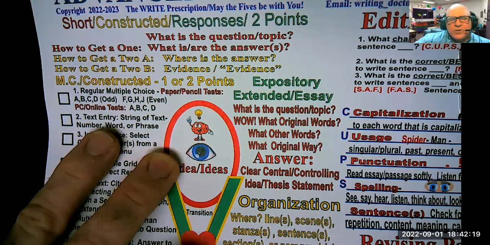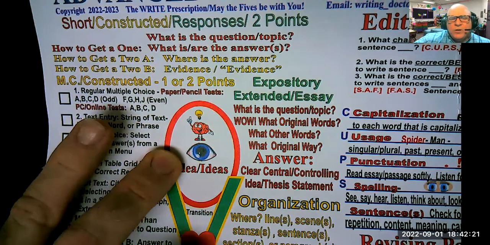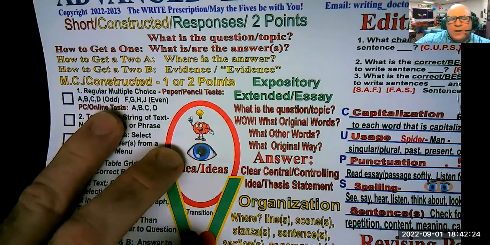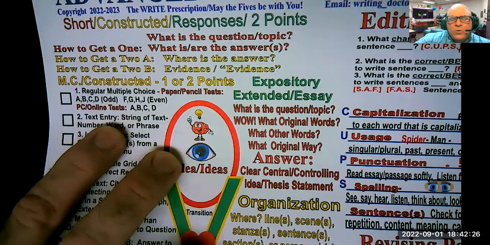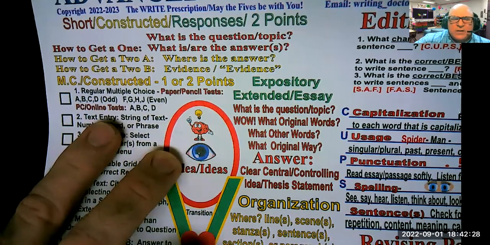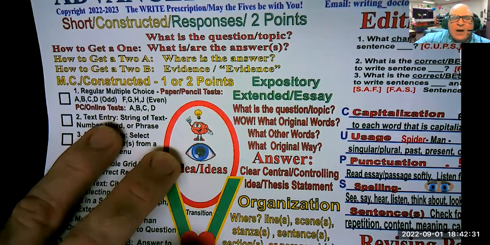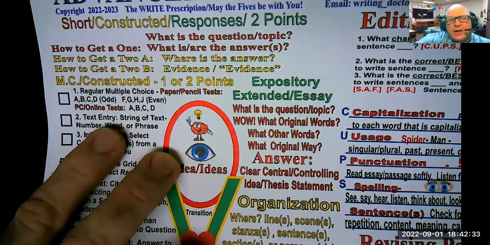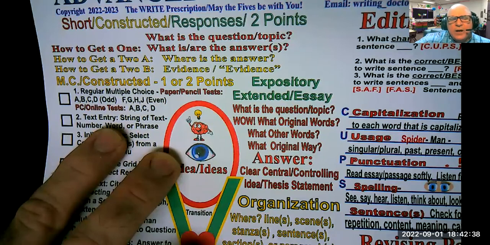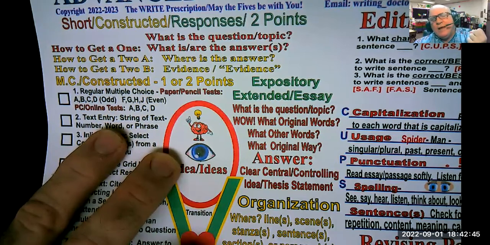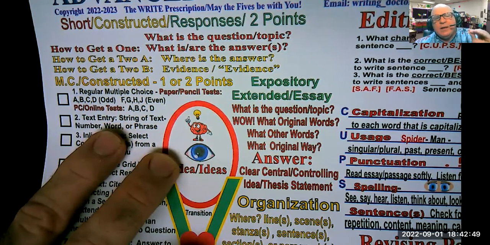In other words, I'm going to show you on lesson one how, with reading, science, social studies, and math, a string of text, a number, a word, or a phrase would look in multiple choice form, so that if we were to remove that choice and the students had to type it in or plug it in, then what would it look like?